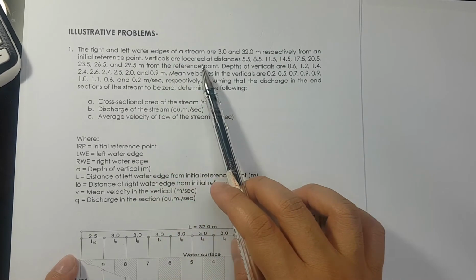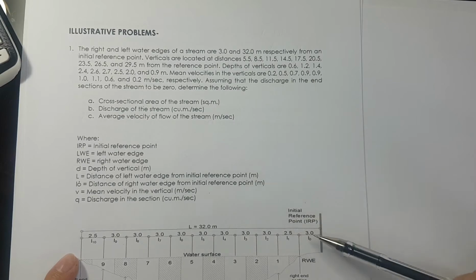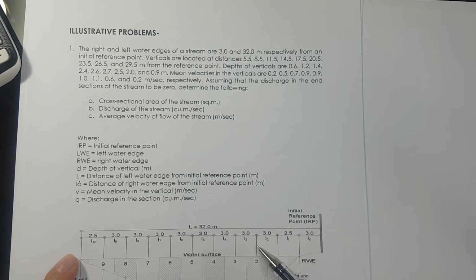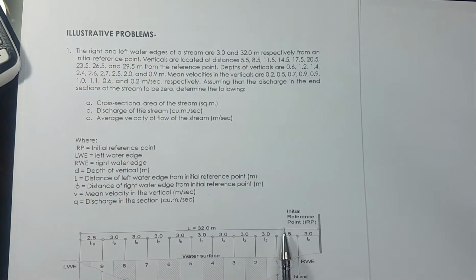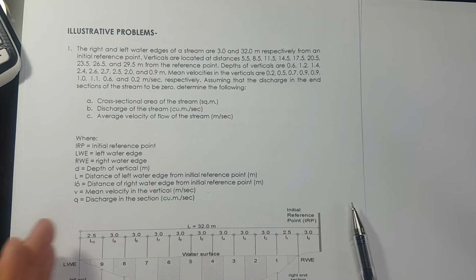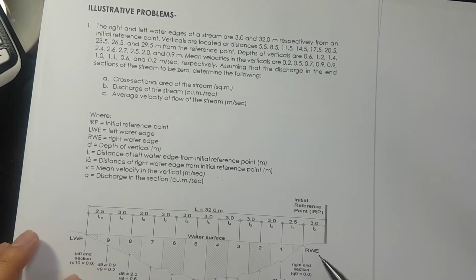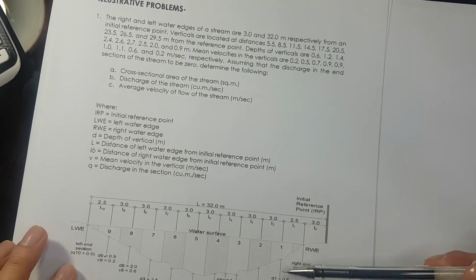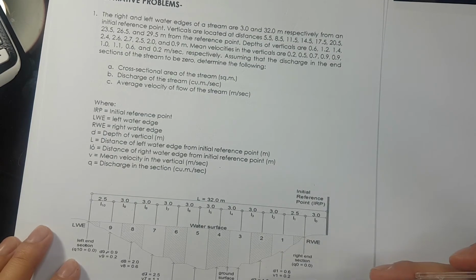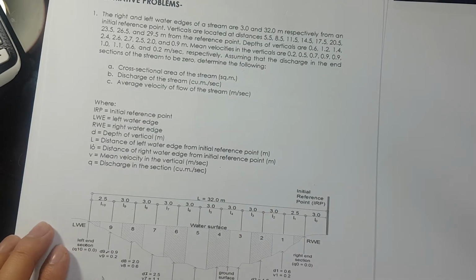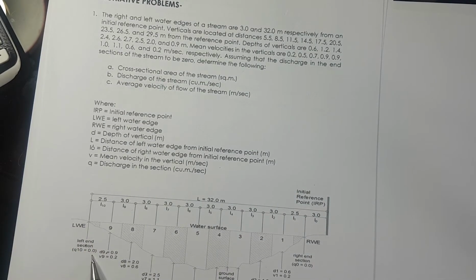Verticals are located at distances 5.5, 5.5, 8.5, 11.5, and so on, going to the left. We were also given the depths: the mean depths of 0.6, 1.2, and depths d3, d4, d5, up to the left end section.